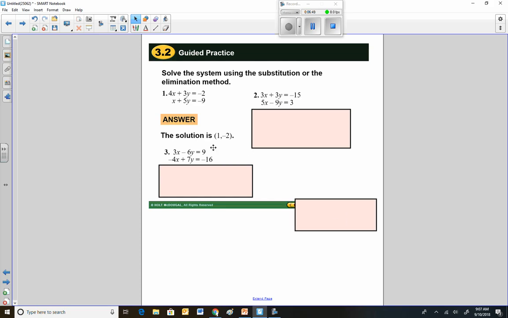The solution for this one is 1, negative 2. And you should have had on this one, grab my pen, that x is equal to negative 9 minus 5y, and you should have substituted that back in for this x.